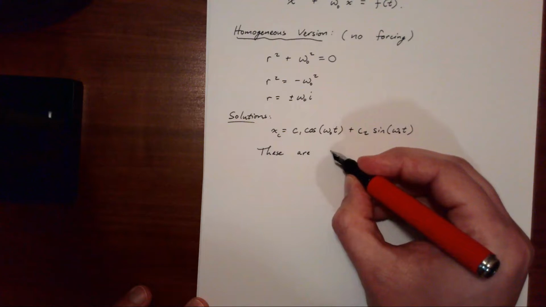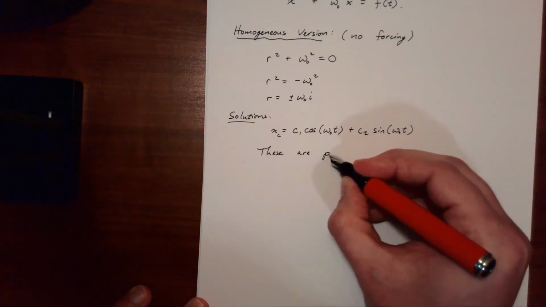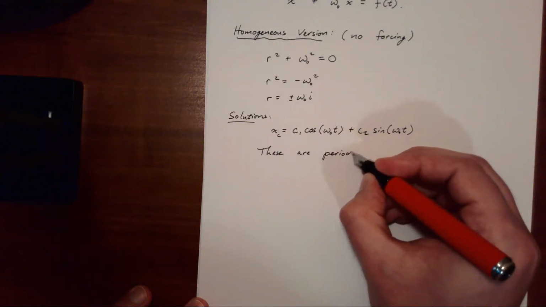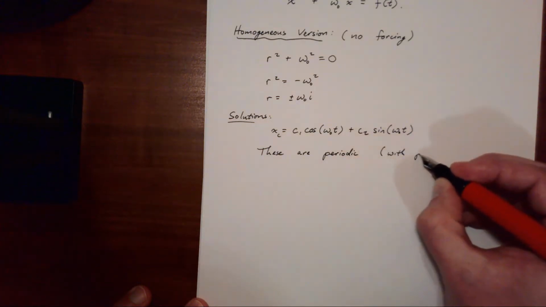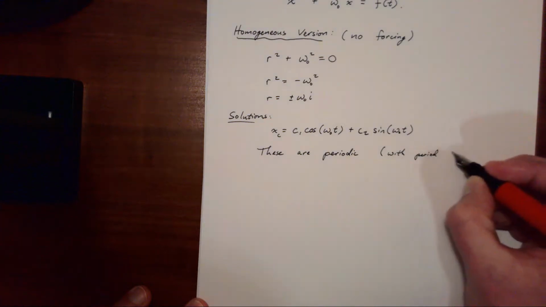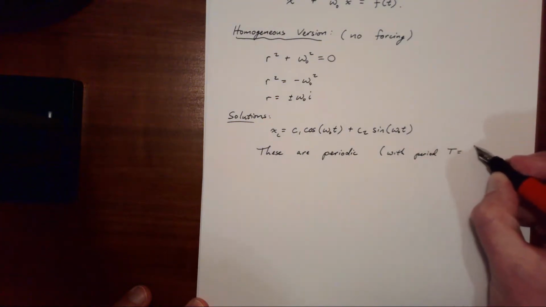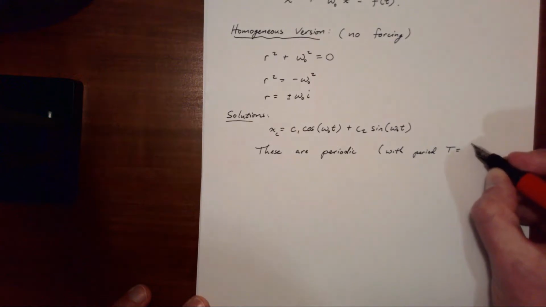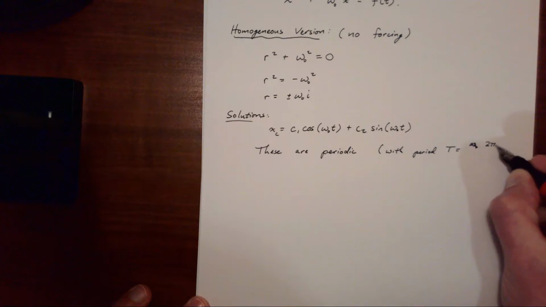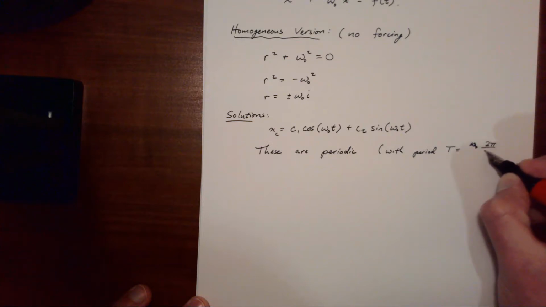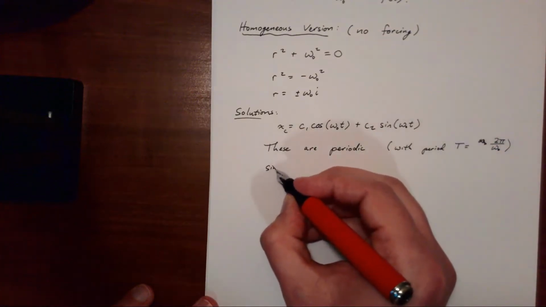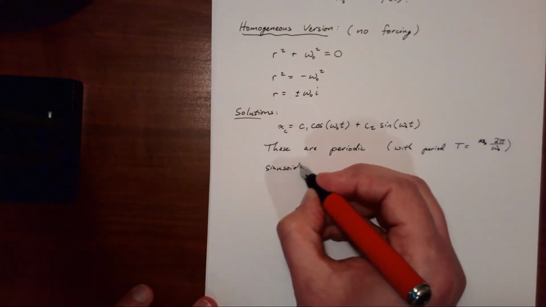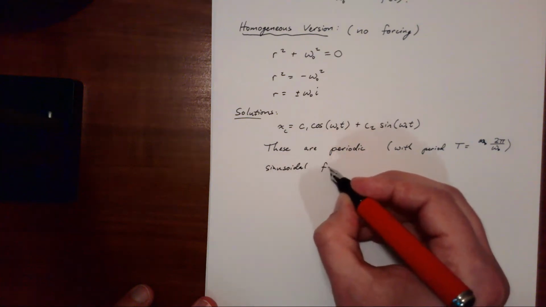So these are periodic, in particular, with period T equals 2 pi over omega naught. Sinusoidal functions.